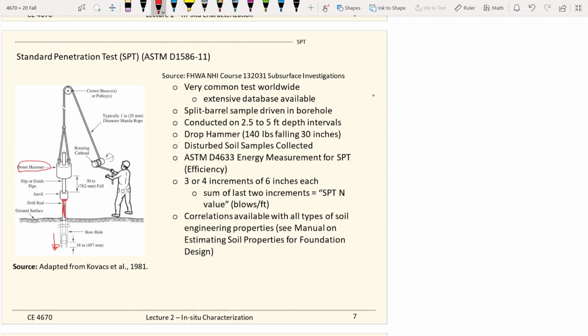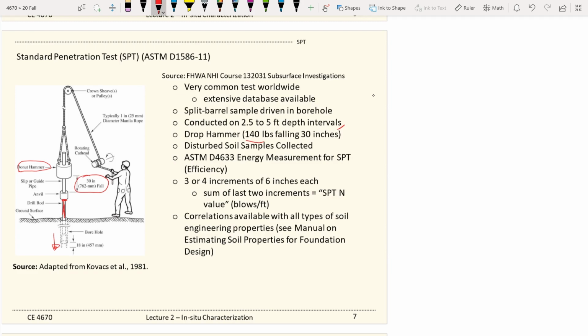And actually do soil classification there. We count the N values for every depth interval. The drop hammer by standard is 140 pounds, and we have a fixed drop height of 30 inches.